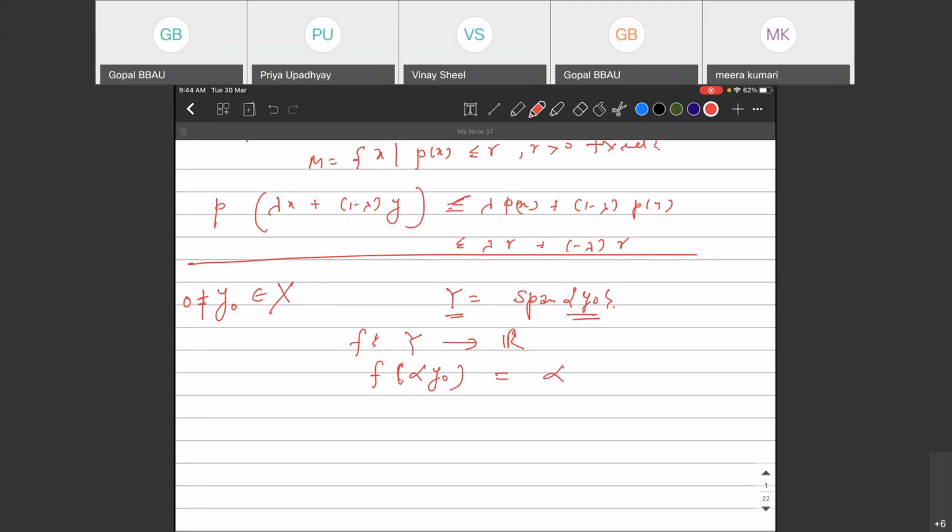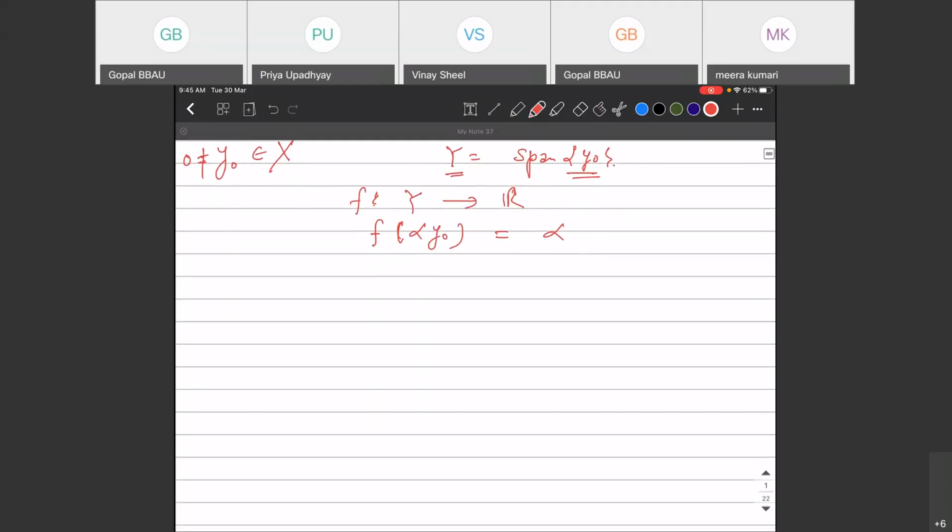And I said that if we have a linear functional on a one-dimensional subspace, the Hahn-Banach theorem will guarantee that there exists a linear functional on the whole of X. But in the Banach theorem, you saw a sublinear functional. Without that, we did not prove this.